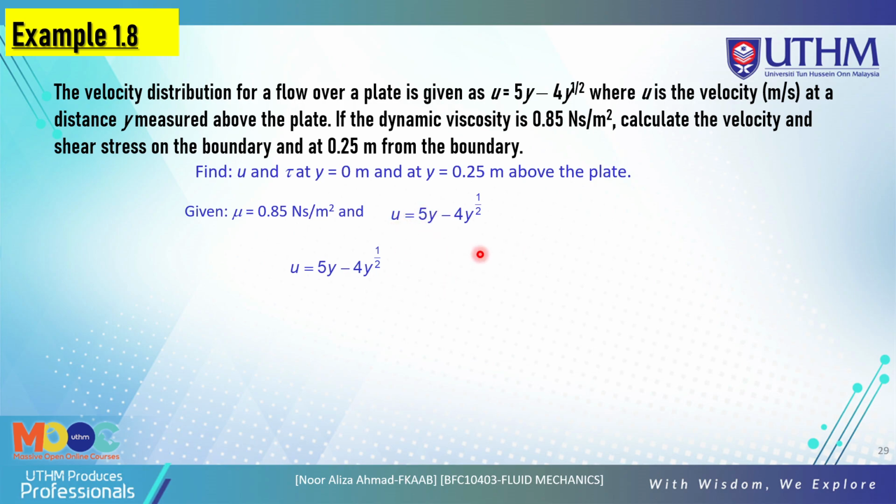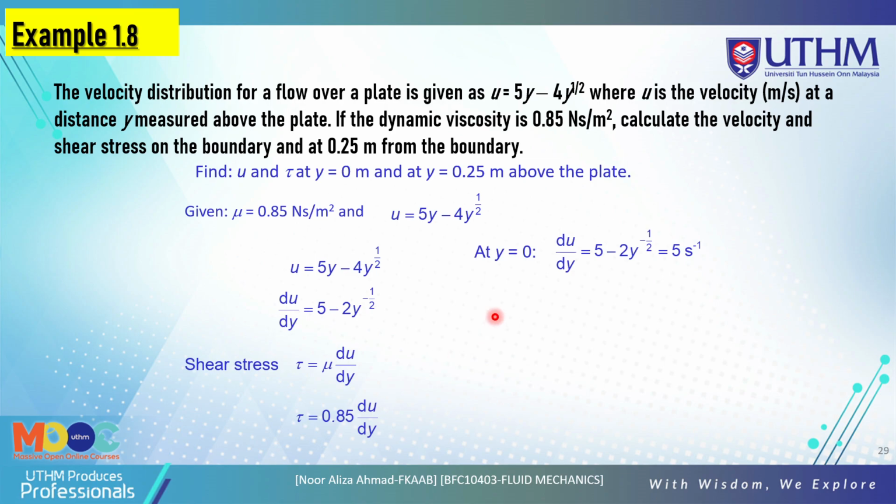So from the U here, you must find du over dy, based on mathematics. So from the U here, you get du dy. And get the shear stress using this equation. So just put the value here until you get the shear stress. At y is equal to 0, for du dy, you just put y is 0, so you just get 5. Put that in the shear stress with y 0, so you get 4.25.